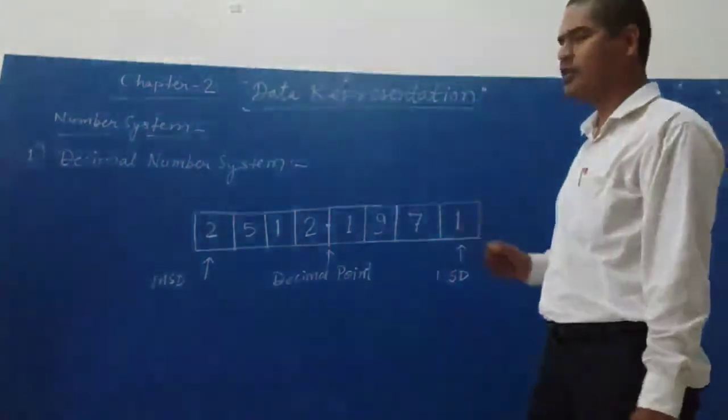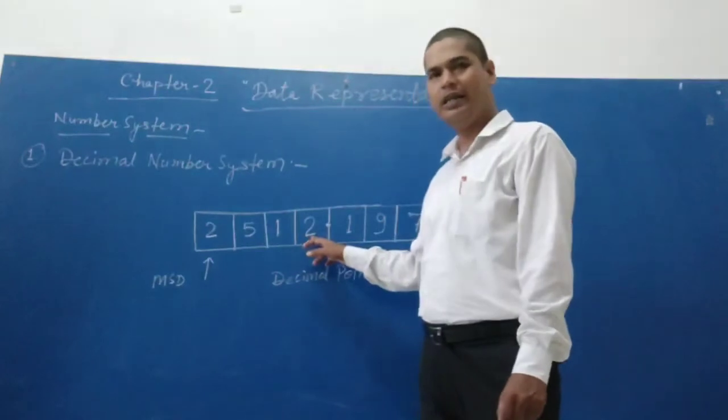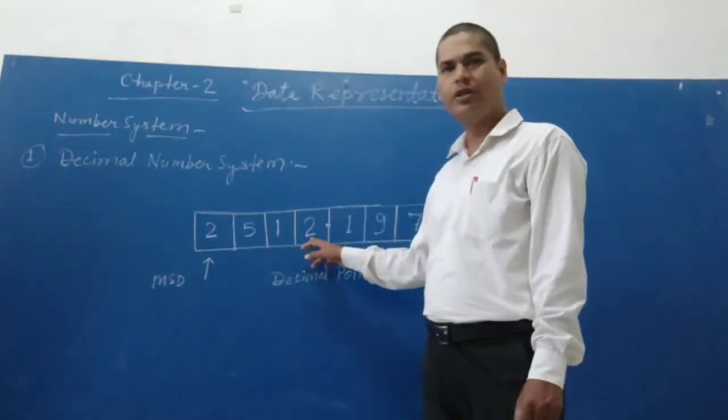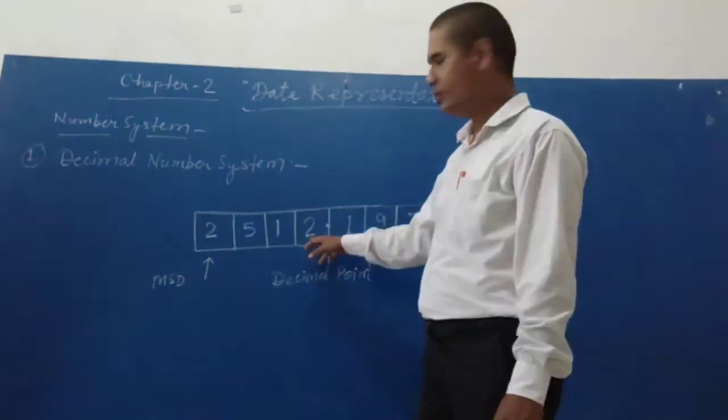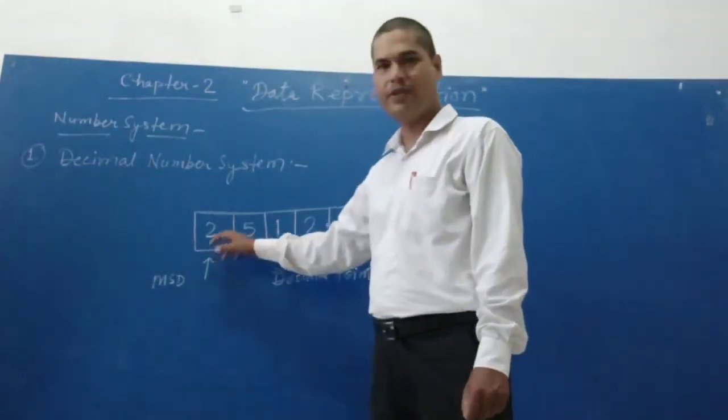But how do we represent these numbers? As you know, the place values are unit place, tens place, hundreds place and thousands place.